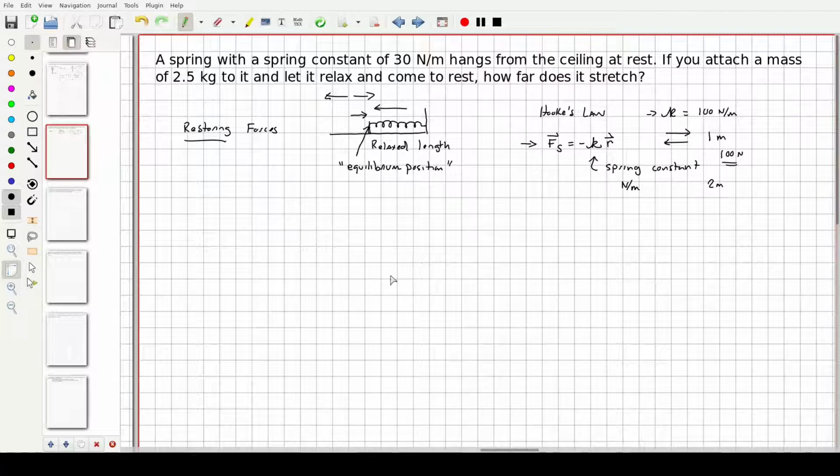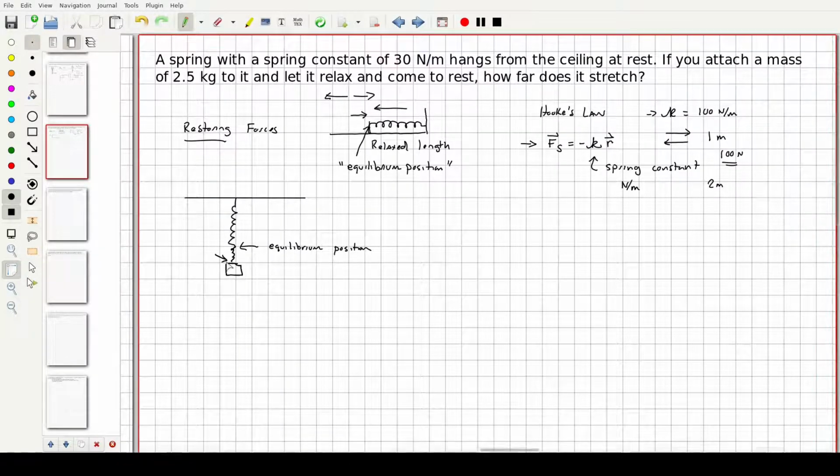In this example, though, we're thinking of a spring that's hanging off a ceiling. So here's a ceiling, here's our spring. Maybe this right here is the relaxed length, the equilibrium position. And when you hang a mass off of it, it stretches to here instead.